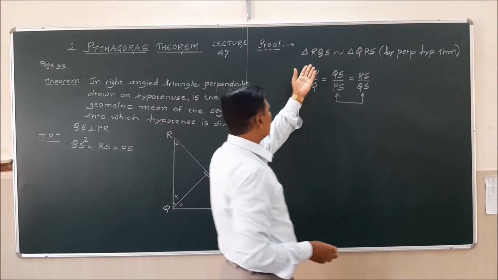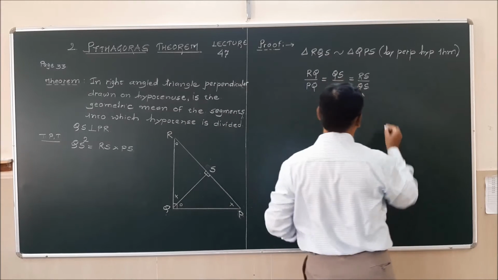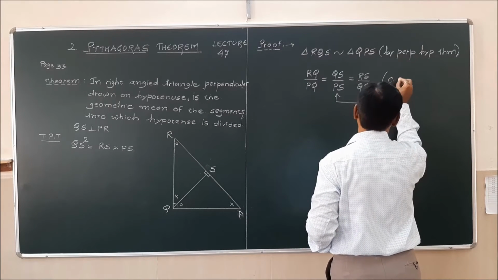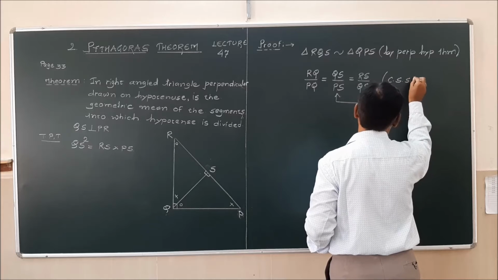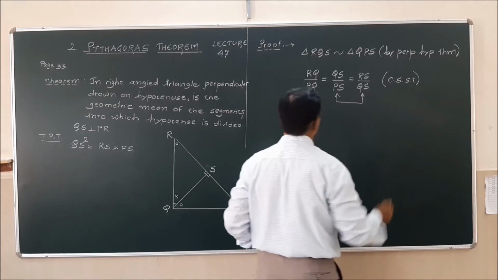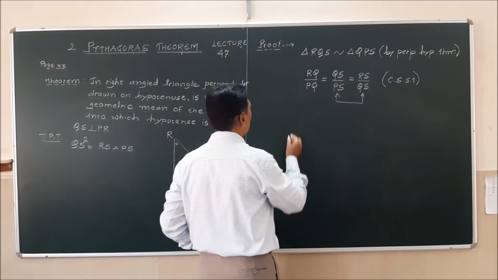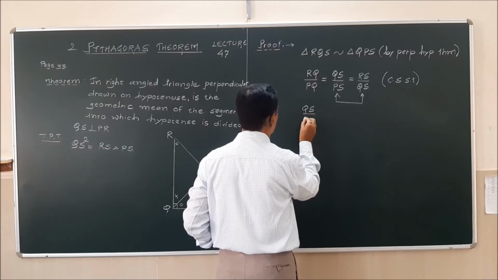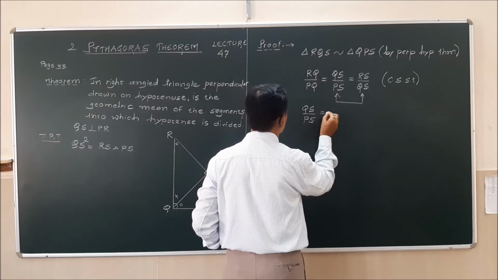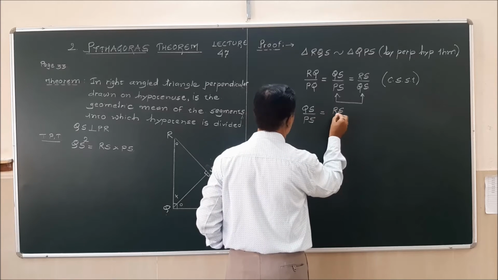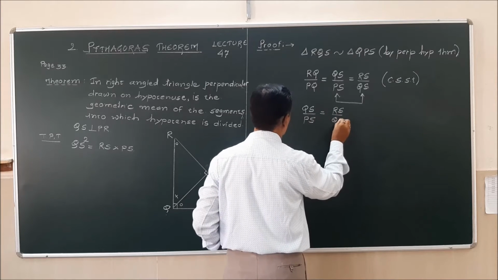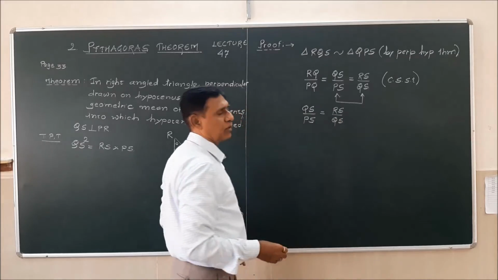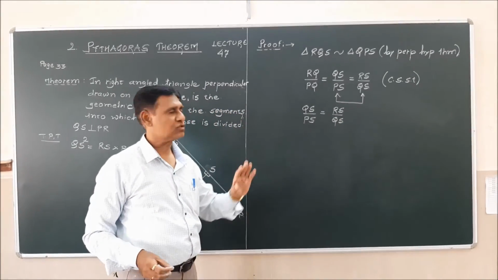Of course, these two triangles are similar, these ratios are equal, corresponding sides of similar triangles, all this is correct. Then QS upon PS is equal to RS upon QS, same ratio.